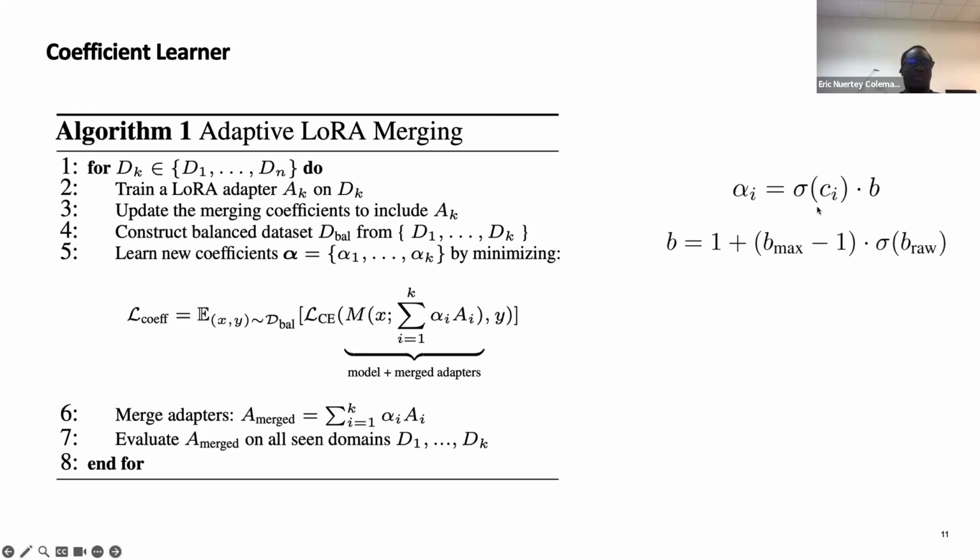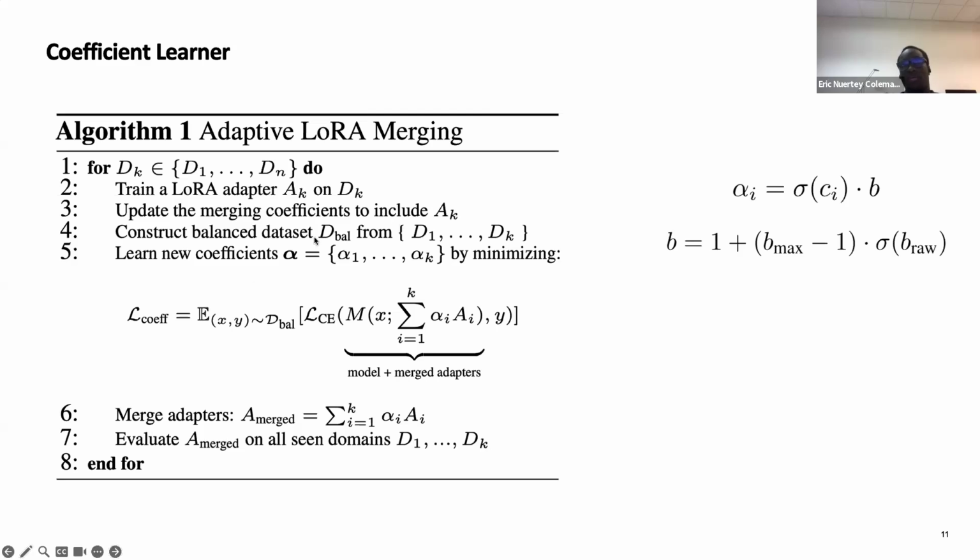And we need to do this mostly because depending on which algorithm you're using, the weights need to be within a certain number range. So for example, for something like a linear combination, you want to use a set of coefficients that add up to 1, or for something like TIES, you need to use higher values.